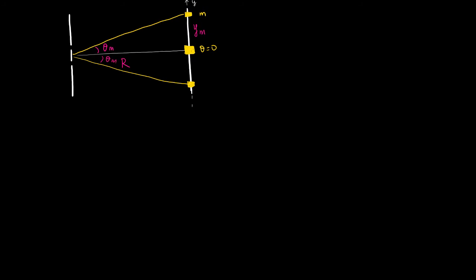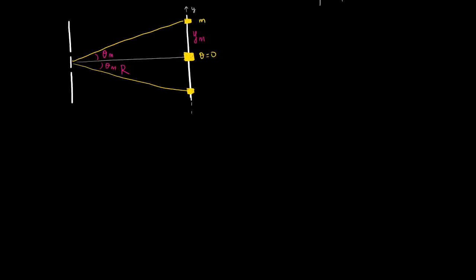Now, if we focus on the top right triangle, here we have a theta m, on this side r, and opposite to the theta we have ym. I should be able to write that ym, which is the position of the mth order bright fringe on the screen, should equal r times tangent theta m.